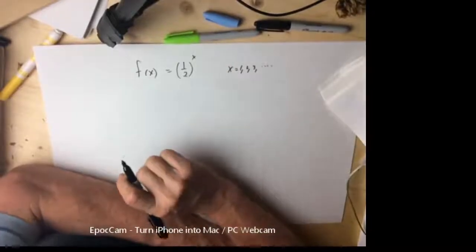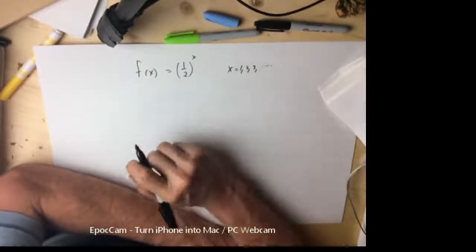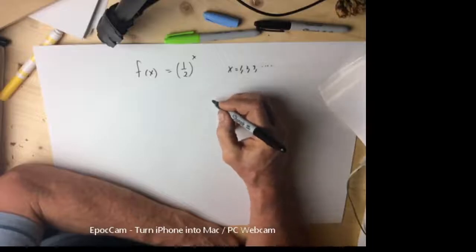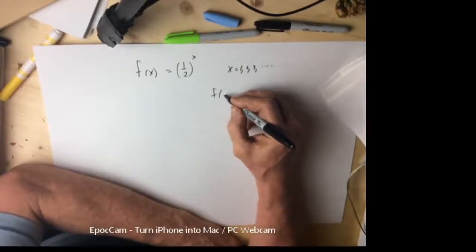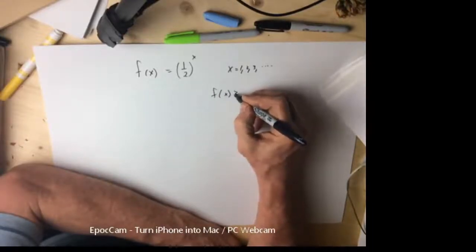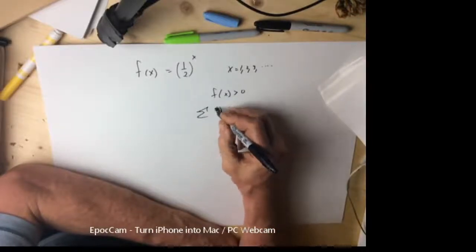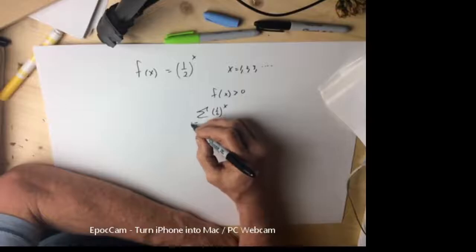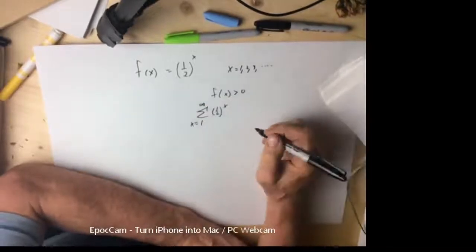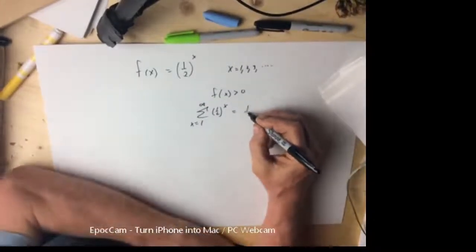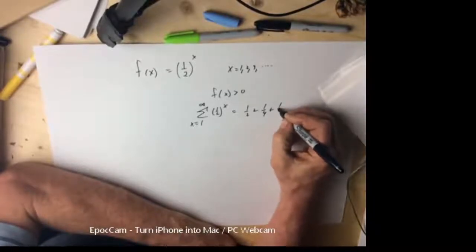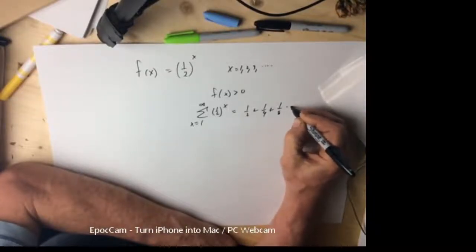Now, before I do much with this one, this is a geometric series, basically. So one of the things I should check is, well, it's very clear that f of x is greater than 0. But is it clear that the sum of 1/2 to the x, x equals 1 to infinity, adds up to what it should be? Well, that's 1/2 plus 1/4 plus 1/8.